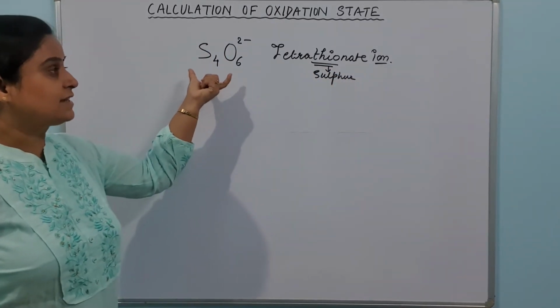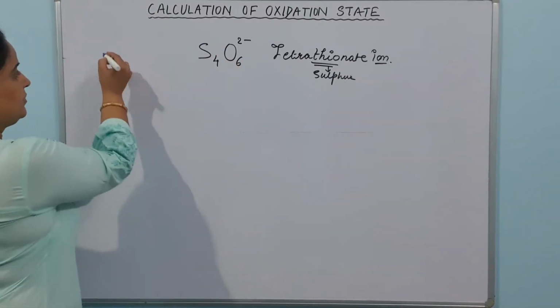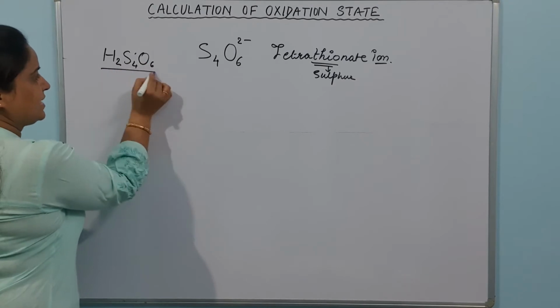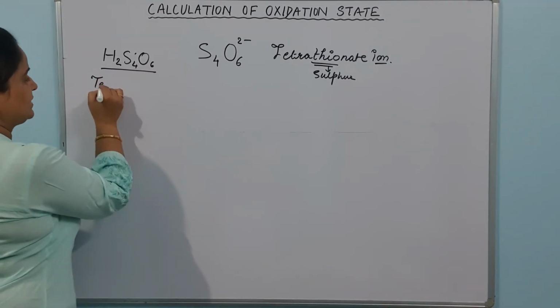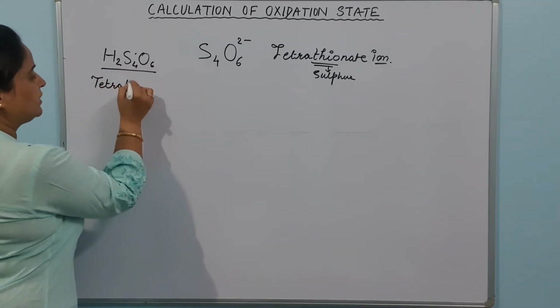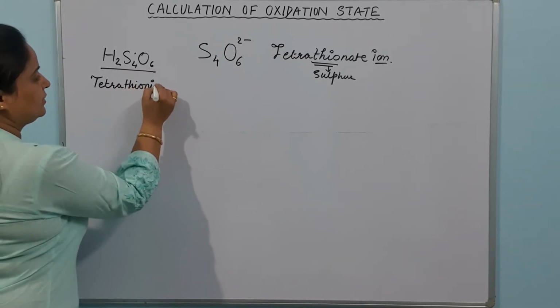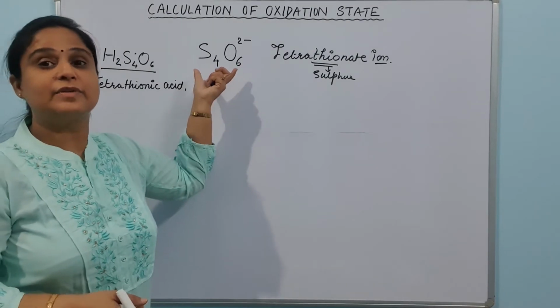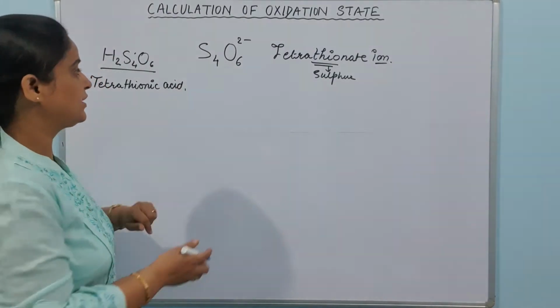This tetrathionate ion can form H2S4O6, which is an acid called tetrathionic acid. And if we want to calculate the oxidation state of sulfur in the tetrathionate ion, how can we calculate?